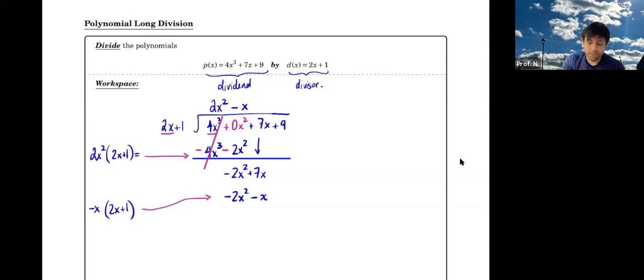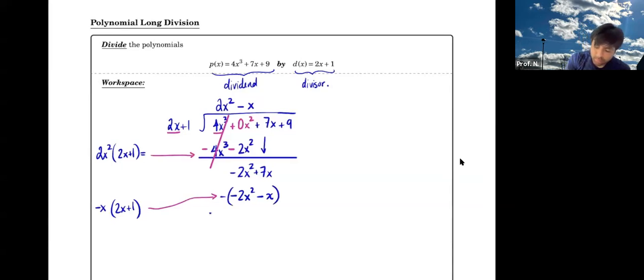But keep in mind that you're subtracting. When I subtract a polynomial, the second polynomial switches the sign. So this becomes a plus.